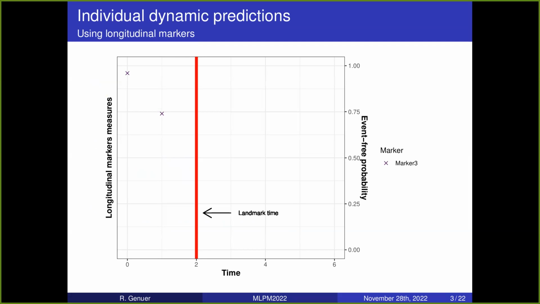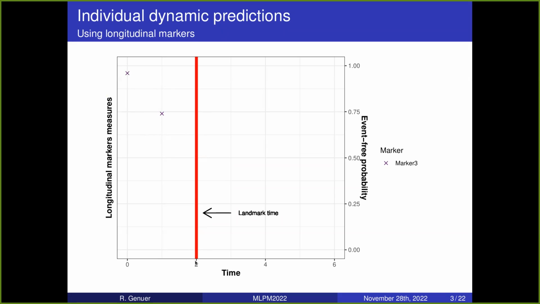So let me present you quickly the individual dynamic prediction problem. Let's assume that we follow a patient and we measure a marker several times during the follow-up. For example, here we have two measurements.